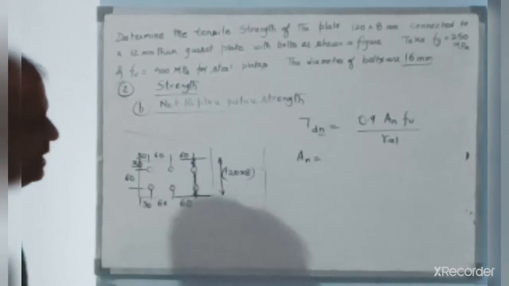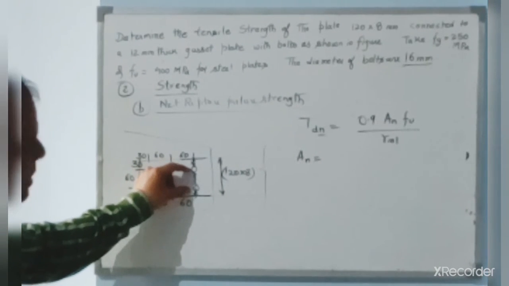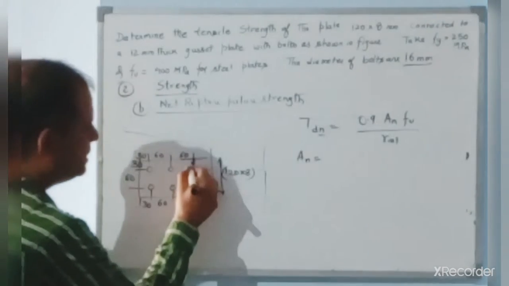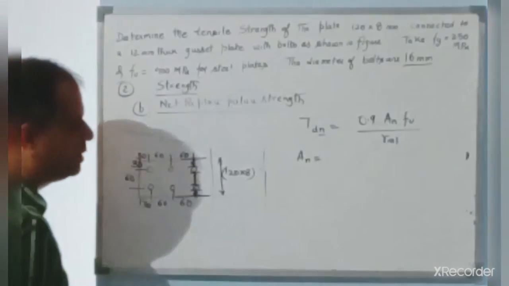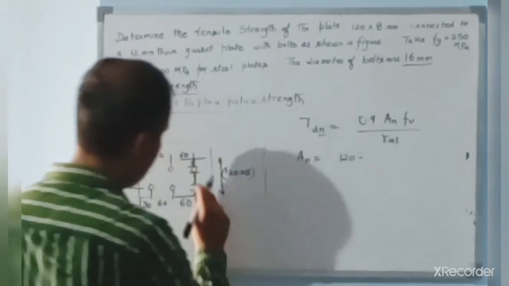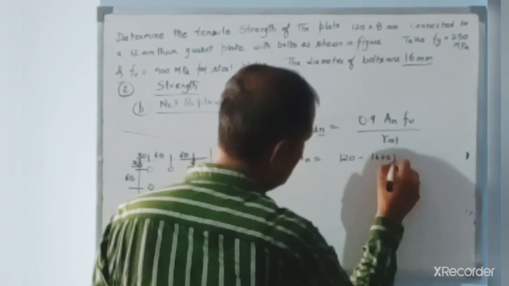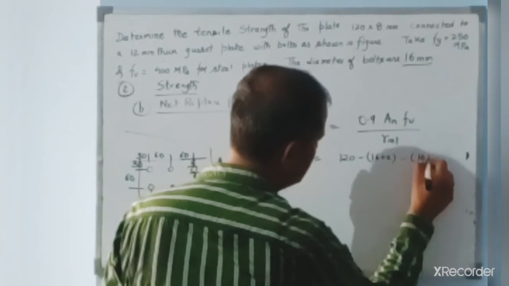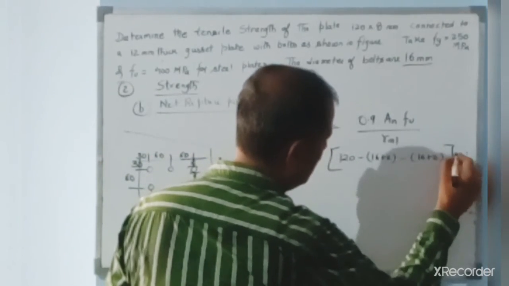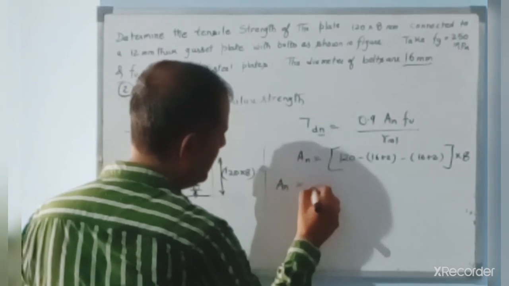But at the place of net rupture failure, two bolt holes exist. So the area would be reduced at these locations by the diameter of the bolt. So the length will now become 120 minus the diameter of the first drilled hole, that is 16 plus 2, and minus the diameter of the second drilled hole, multiplied with the thickness of the plate to calculate the net area of the section.